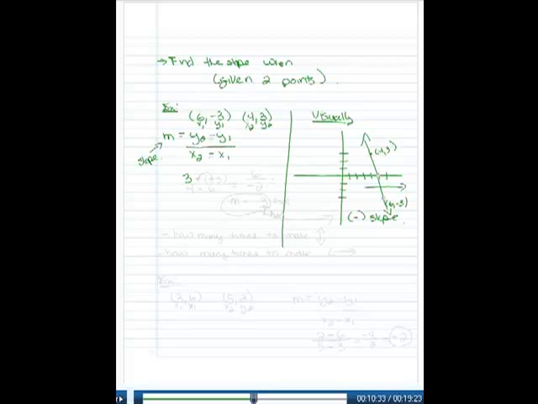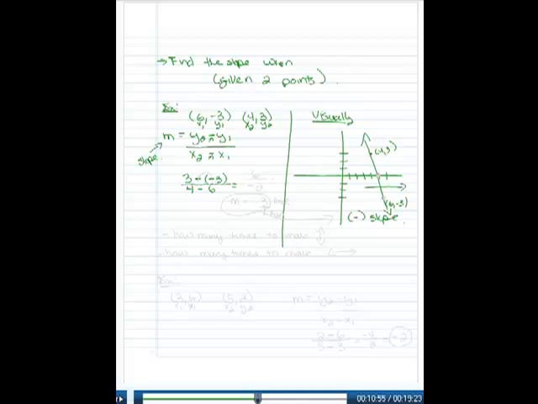There is a minus sign in the formula, so minus y1, which happens to be negative, divided by x2, which we labeled as 4, minus sign in the formula, x1, which is 6.